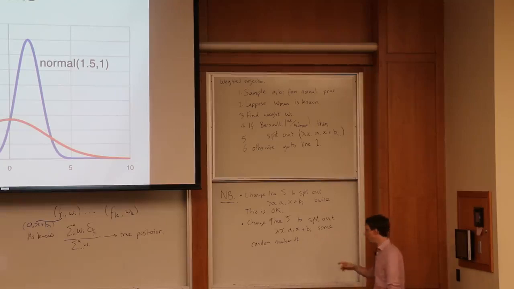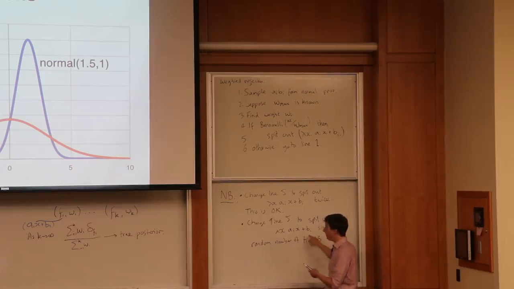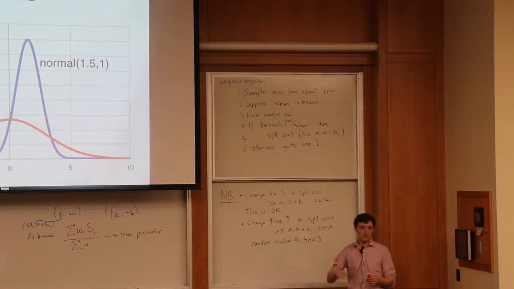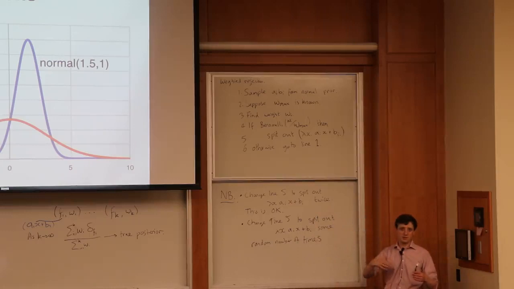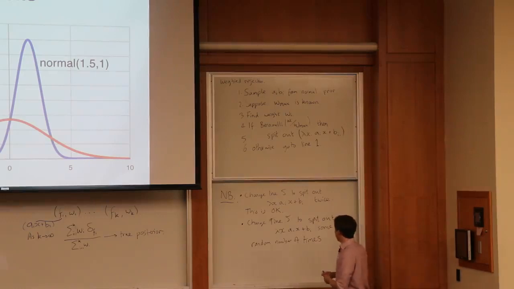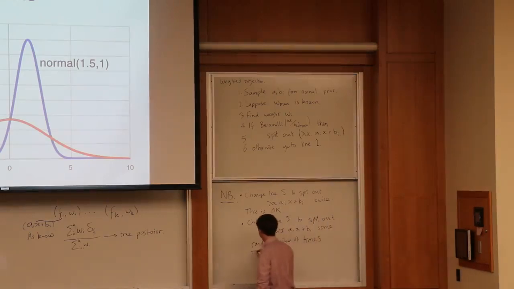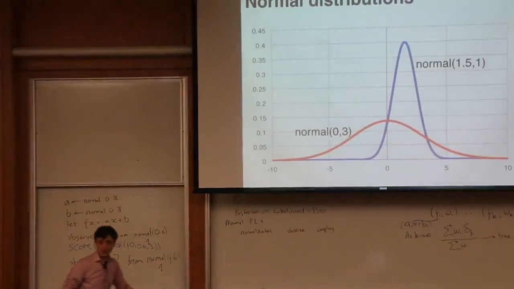As long as that random number is independent of a and b, that's okay. If you think about it a little, you'll see the asymptotic distribution is going to be the same. It's going to be a bit rubbish, but the same. This is okay. And with that observation, we can immediately write down the Metropolis-Hastings.